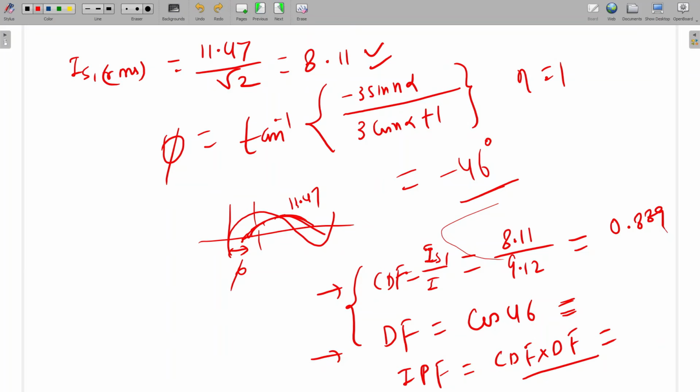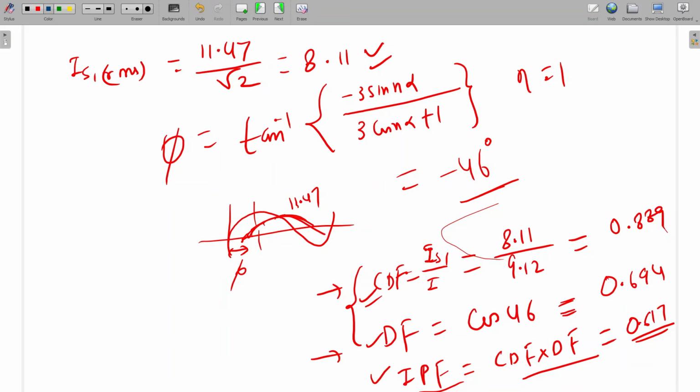So cos 46, how much are we getting? 0.694. Yes, sir. So this will be 0.694, and the input power factor will be the multiplication of these two. So 0.694 into 0.889. What will be the input power factor? 0.617. Okay, this will be the input power factor.